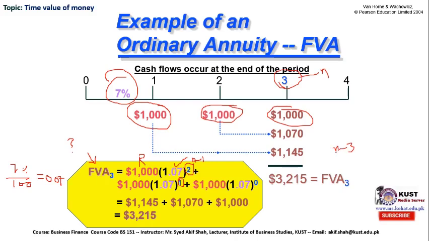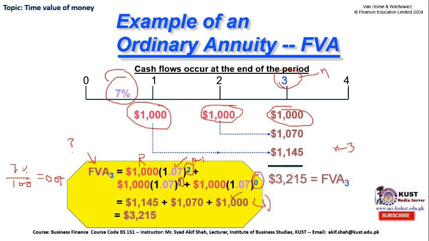So n minus 3 means 3 minus 3, the resultant value is 0. And according to the mathematical rules, anything raised to the power 0 is actually 1. So 1 multiplied by 1000, the resultant value is 1000.